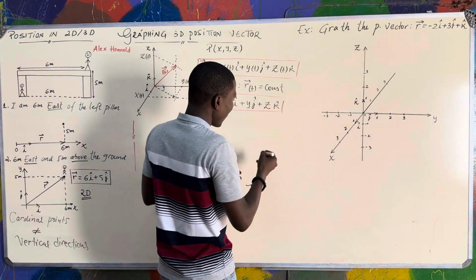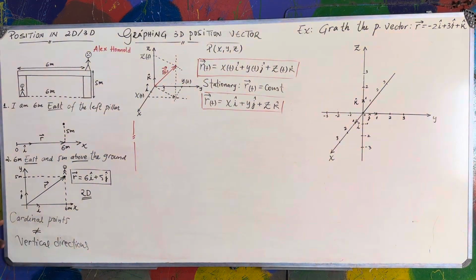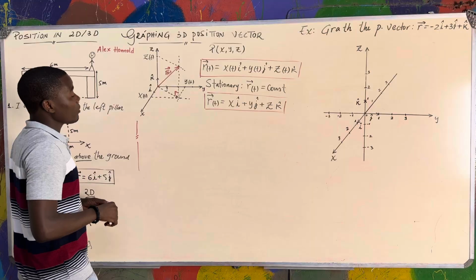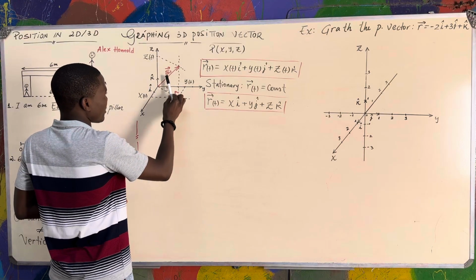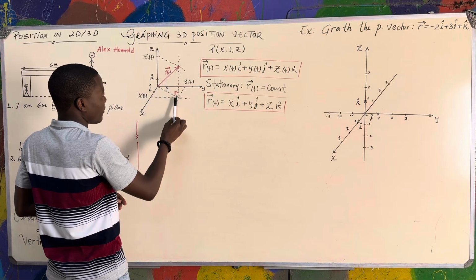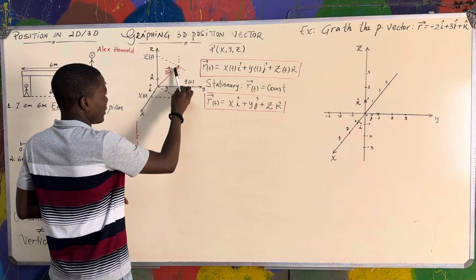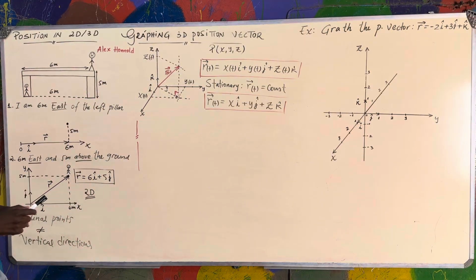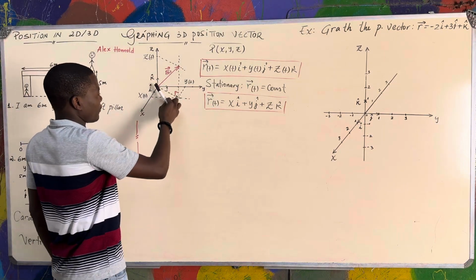And this simply allows you to find the magnitude or the length of this vector. Very simple. How can you do that? If you look carefully, you'll see that this is a right triangle, and the position vector here is the hypotenuse of this triangle. So we'll use the Pythagorean theorem to find the length of this vector.